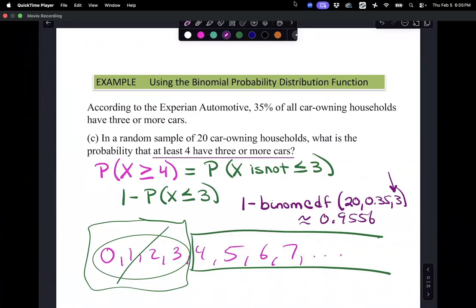So if I'm looking for greater than or equal to 4, 3 is the first one not included. So that's what that number should be. I'll write it down: first not included value. Because one of the most common errors is people will do this, but they'll put a 4 there instead of a 3. So it's the first not included value.